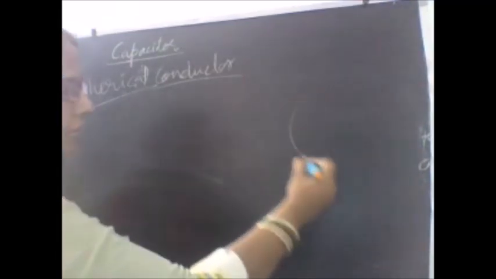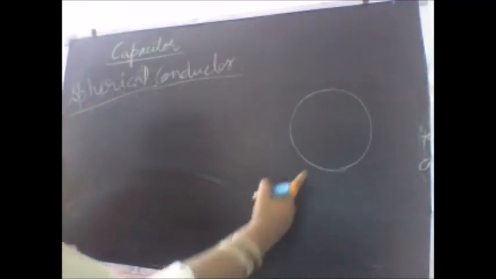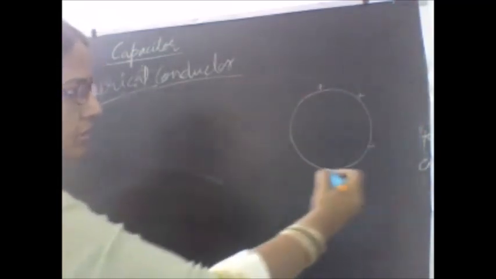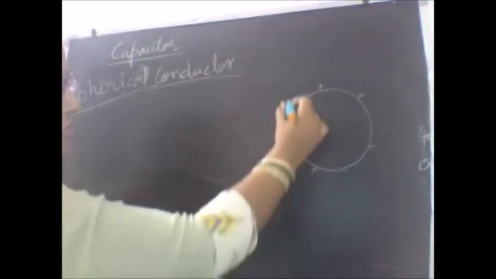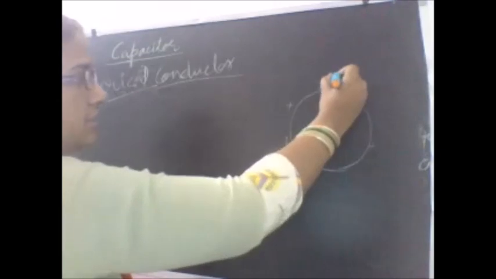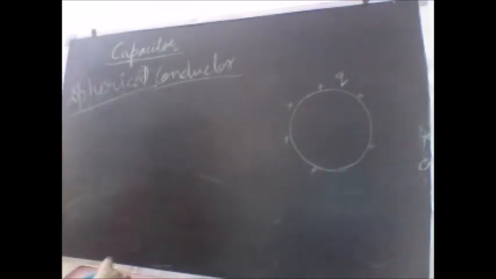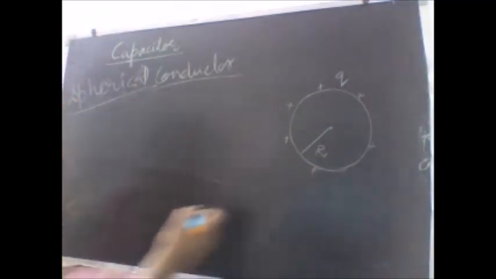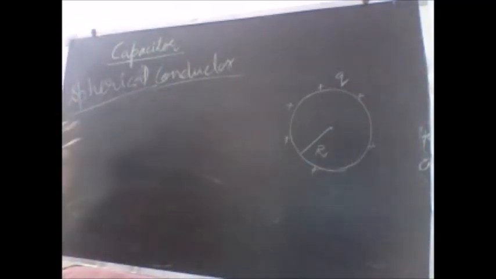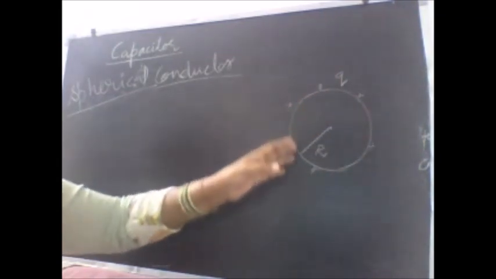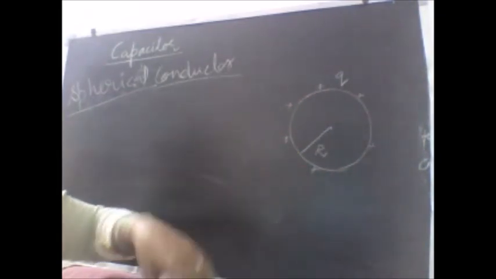Assuming you inject some charge, the charge will come to the surface and distribute itself uniformly over the surface. Assume the charge spread over the surface is Q, and the radius of the sphere is R. Obviously, the charge deposited at the surface is going to build the potential also.